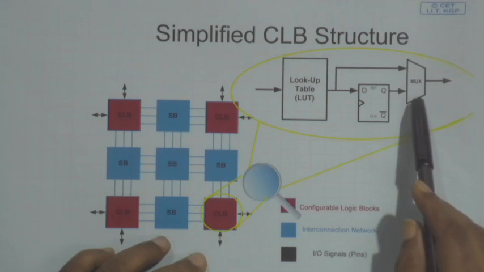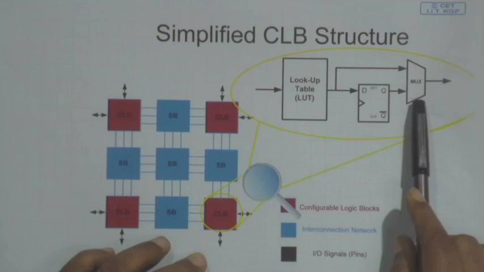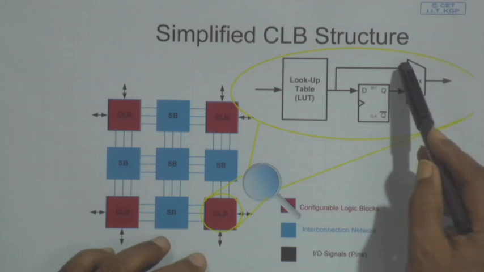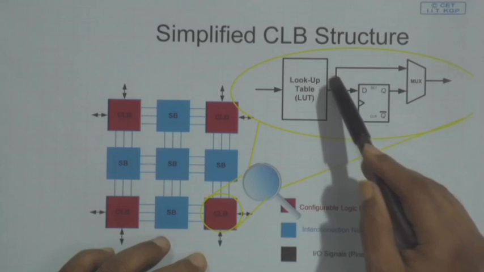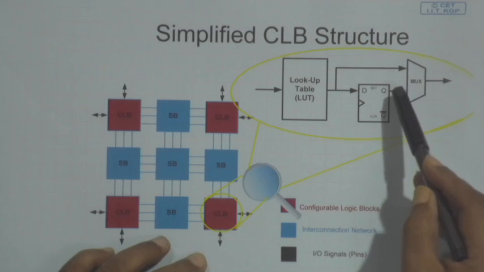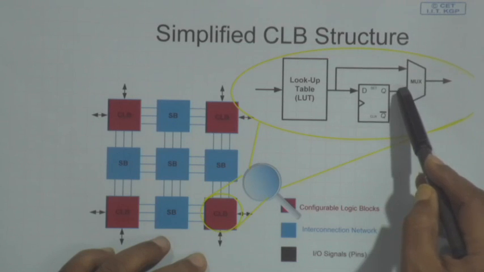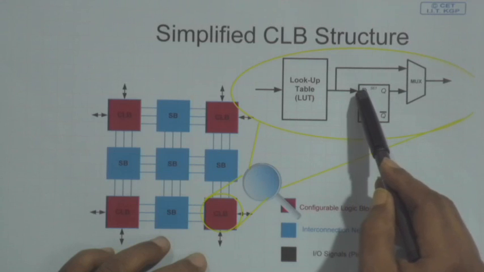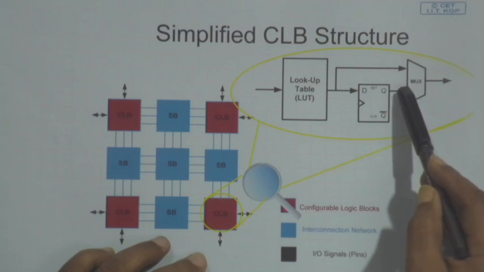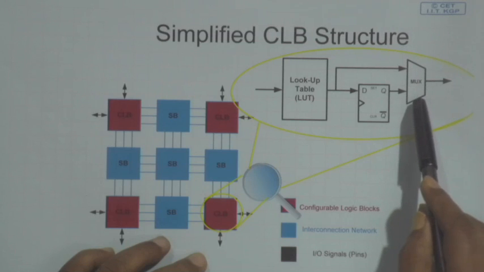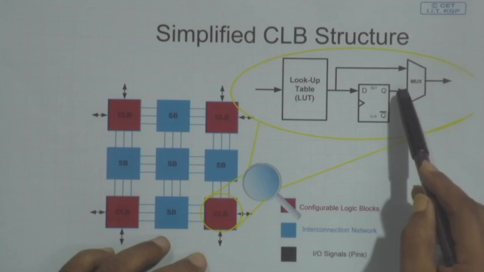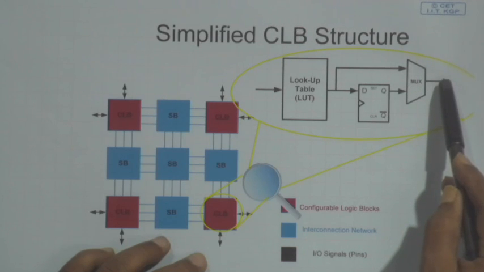Now, depending on how I configure the mux, or whatever control signal I give to the mux, either the input that is coming directly from the lookup table or the output that is coming from the flip flop is selected. This input is also coming at the input of the D flip flop. So, depending on my desire, I can select either this input or this input to come to the output.